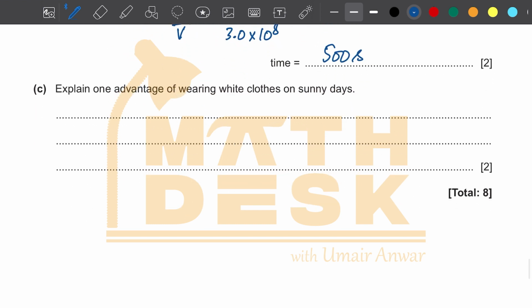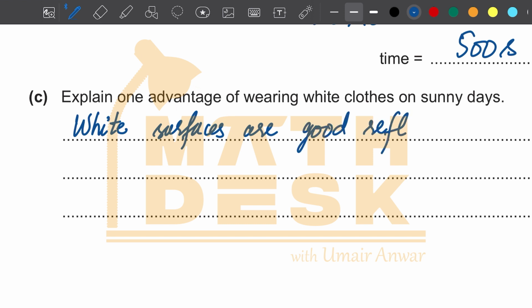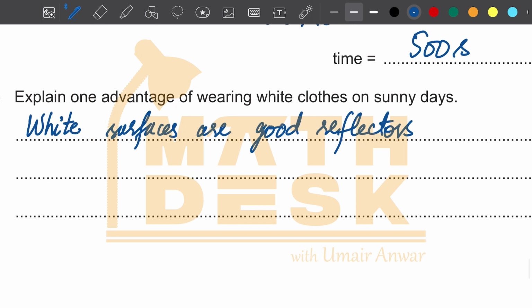Explain one advantage of wearing white clothes on sunny days. So white clothes are especially helpful for a sunny day because white surfaces are good reflectors and they do not absorb heat energy much.